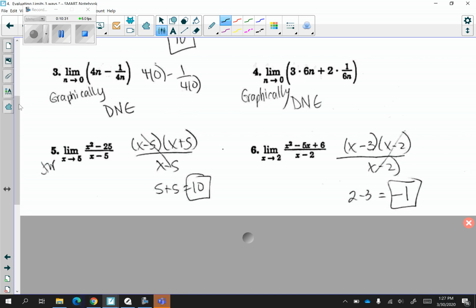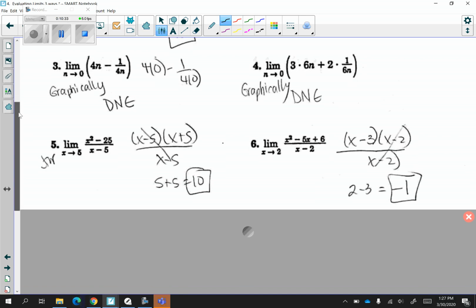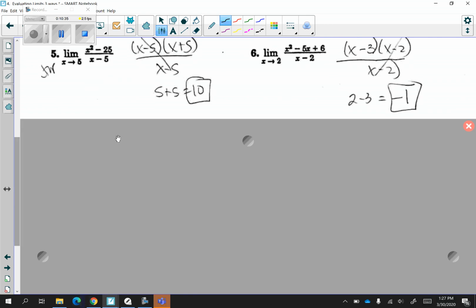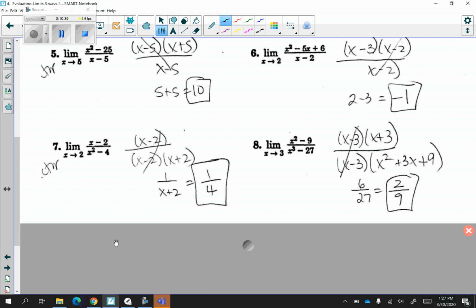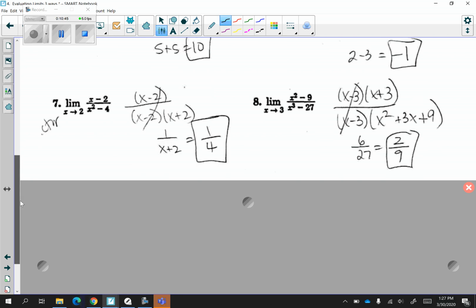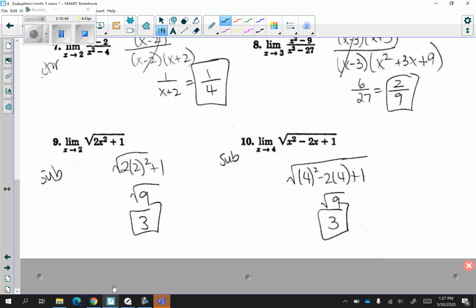Number 5 and 6, I factored. Seven and 8, I also factored. And for 9 and 10, I substituted.